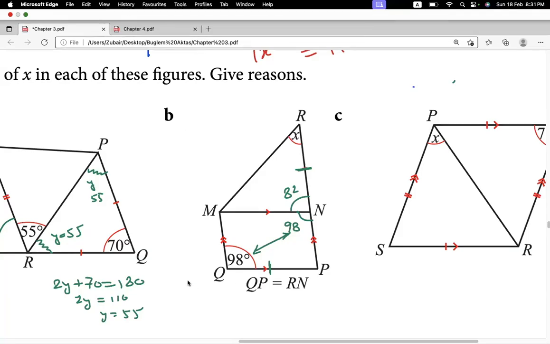And we answered that these two are 98 because we knew it was a parallelogram. So QP is also equal to MN. That is a property of a parallelogram: opposite sides are equal to each other. So once they are equal, this is isosceles. You see, QP is equal to MN, which is equal to RN.